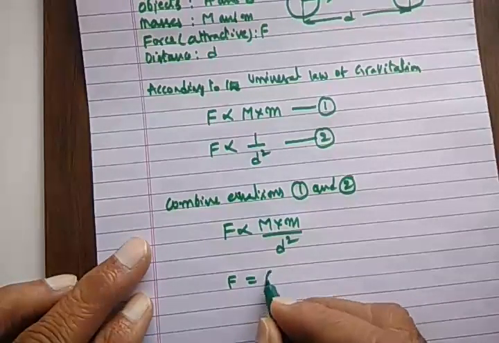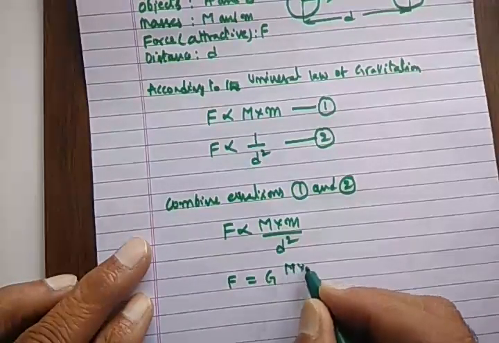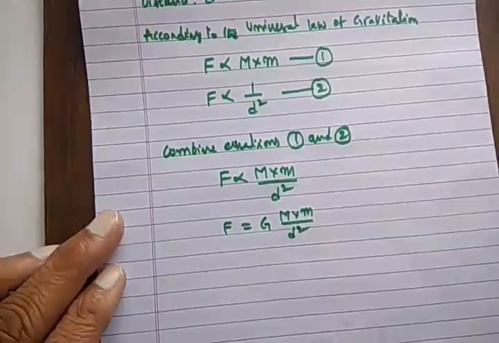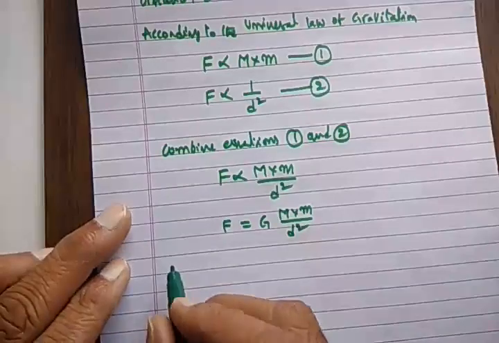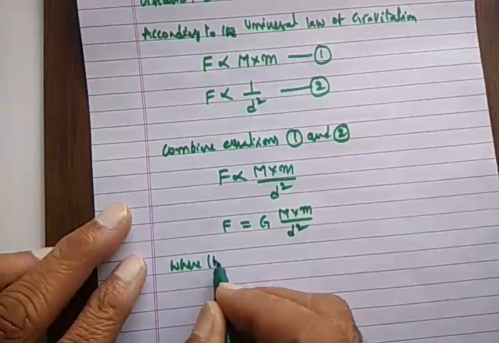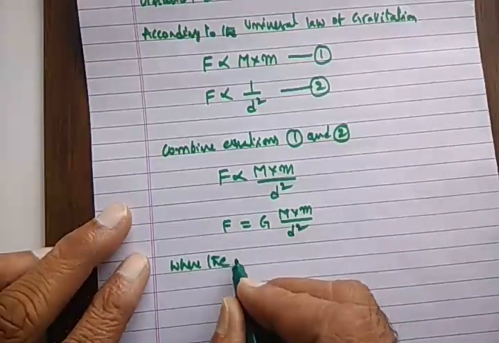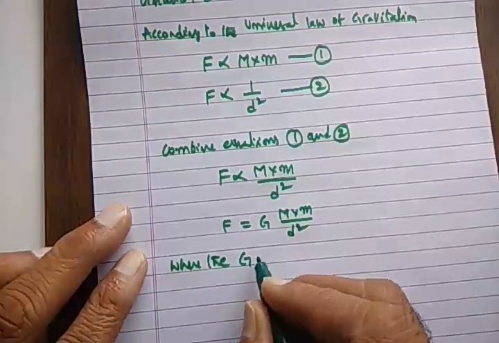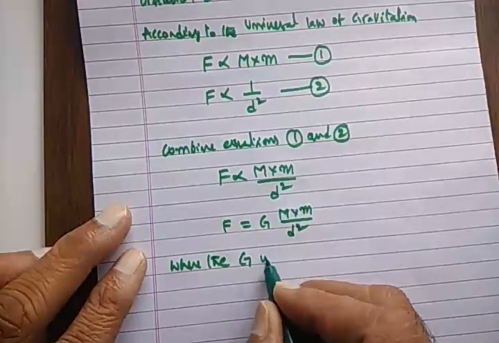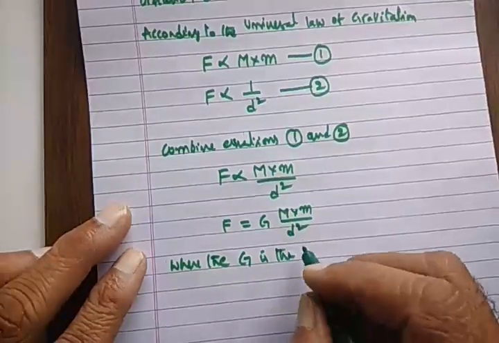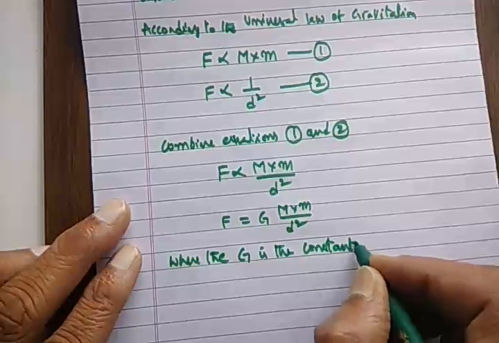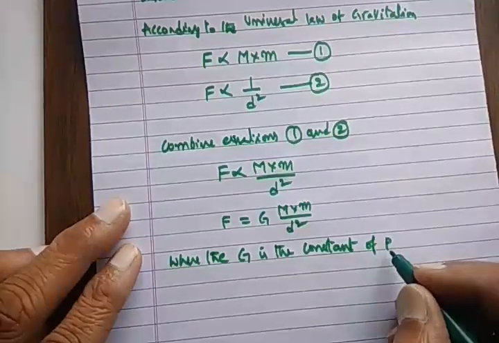So we will call that constant as G. F is equal to G M into m by d square. Where G is the constant of proportionality.